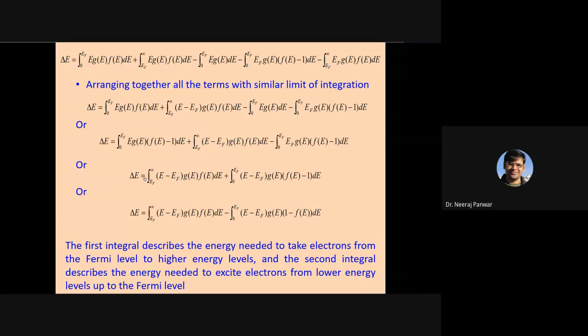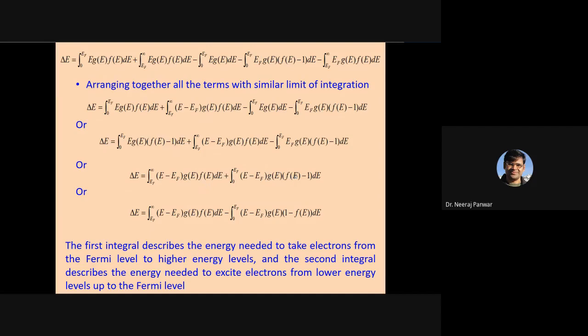Now we get the expression delta E is equal to integral EF to infinity (E minus EF) g of E f of E dE plus integral 0 to EF (E minus EF) g of E (f of E minus 1) dE.